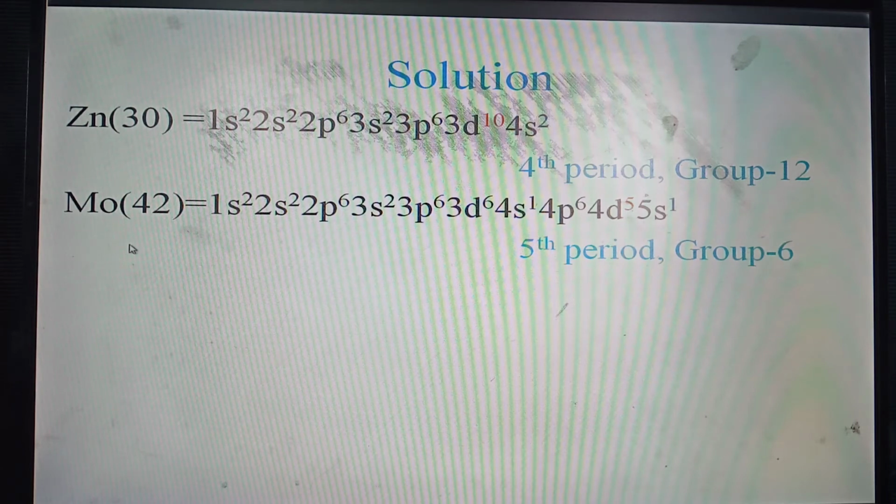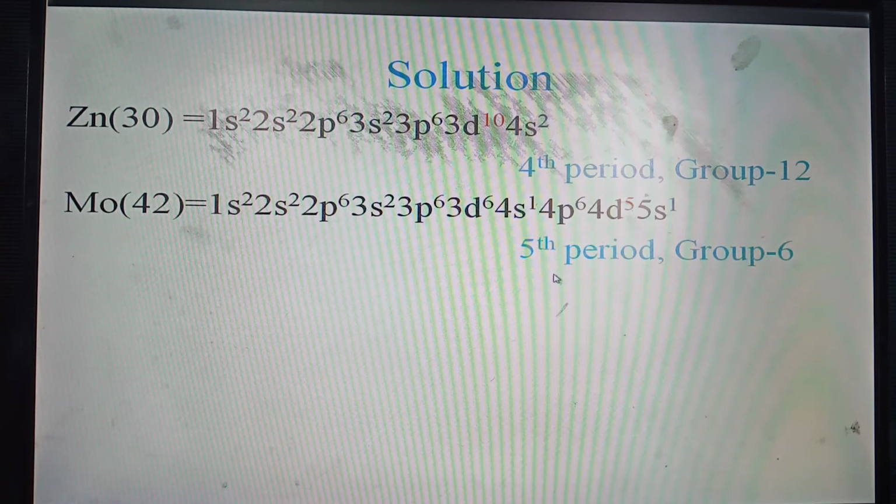Again, molybdenum: 5 energy levels are involved, so it is in the 5th period, and the group number will be 1 electron in the s orbital and 5 electrons in the d orbital of the penultimate energy level. So the group number will be 1 plus 5 is equal to 6.